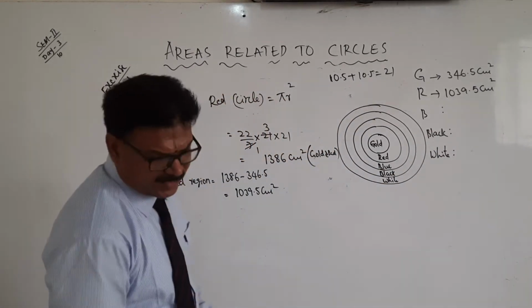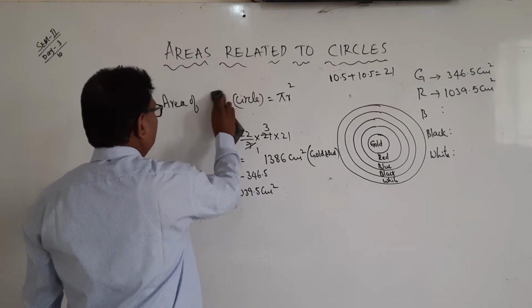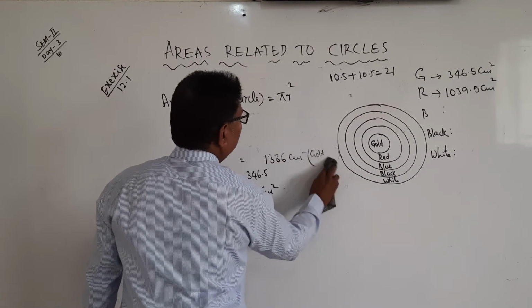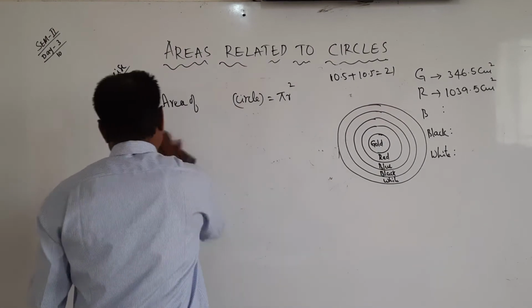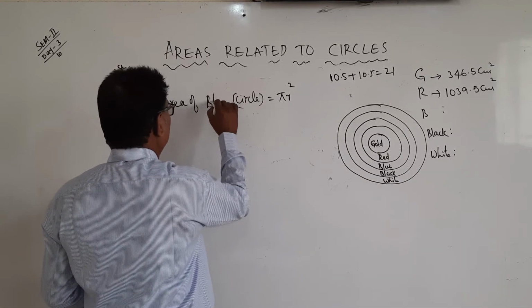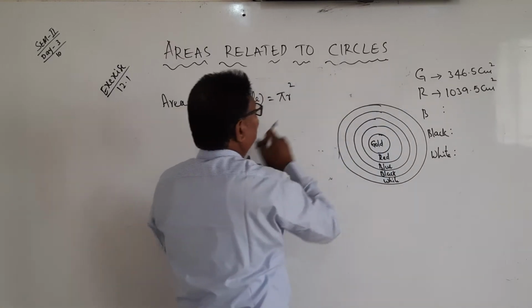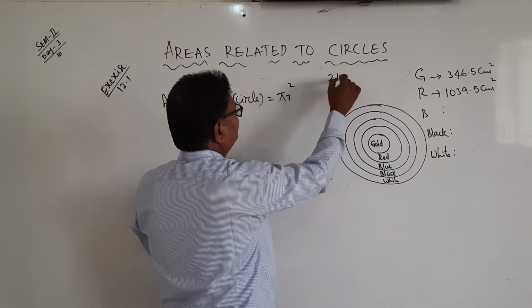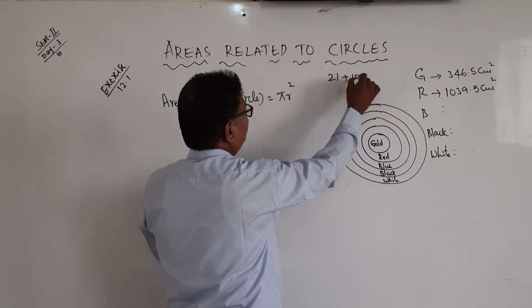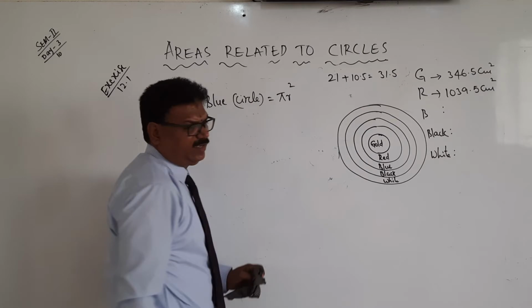Okay? Right. Very simple. Again the same. Now the red circle is gone. Now the third circle we have to find out. So what is its color? Its color is blue. Okay. Now 21 is there plus 10.5, that is 31.5.